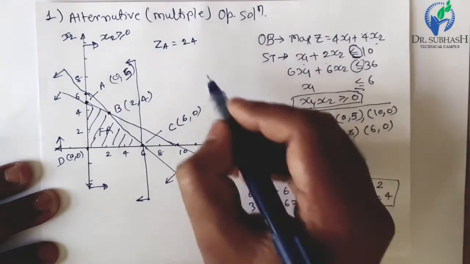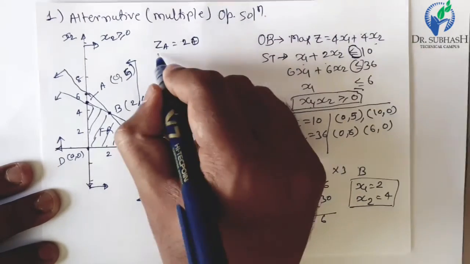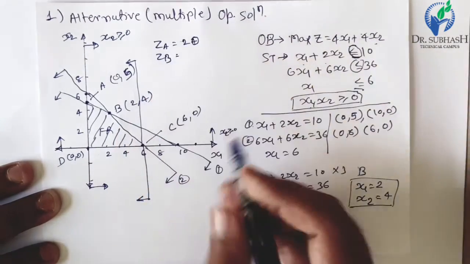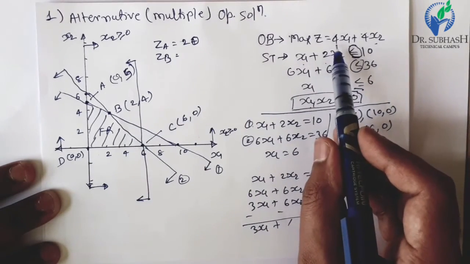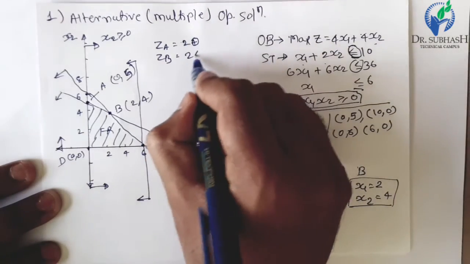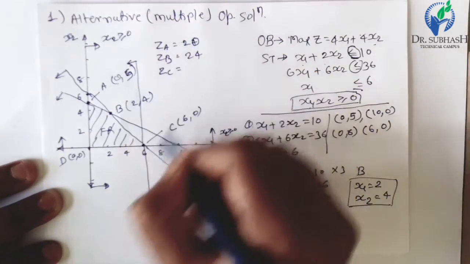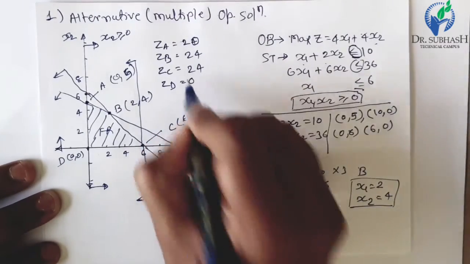So, if you put the 5 here, we get the value 20. Then ZB equal to, at 2 and 4, when you put the value 2 here, 8 plus 16, so it is 24. And for the ZC at point C, we get the value 24. And for ZD equal to 0.